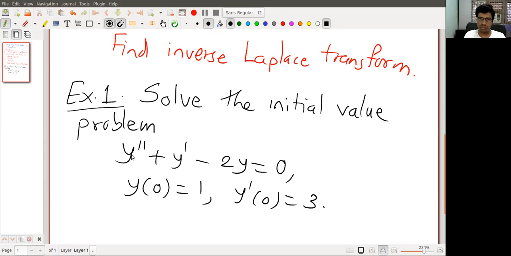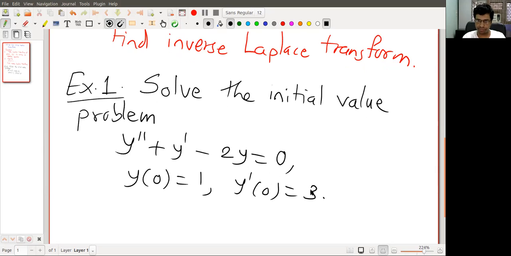So this is differential equation, and these conditions y of 0 equal to 1, y dash 0 equal to 3 are called initial conditions. So this problem is called as initial value problem.